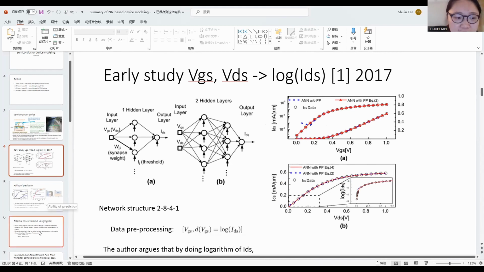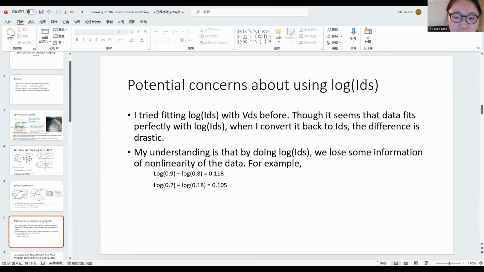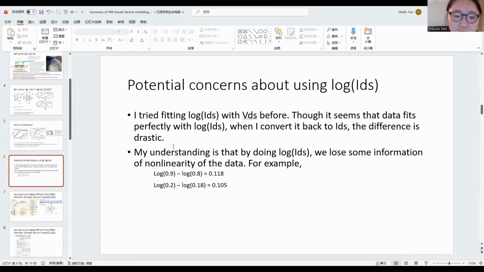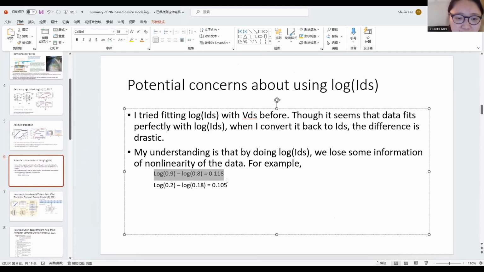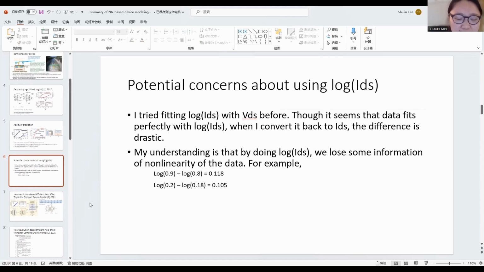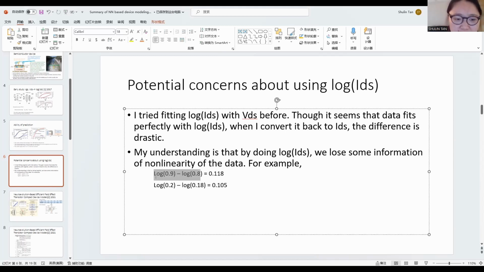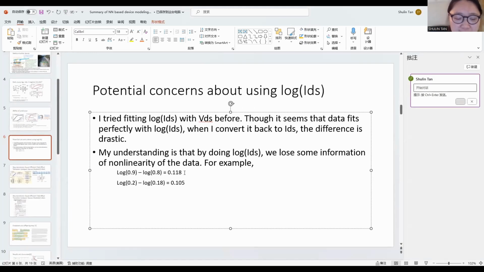So I do think of something, because the neural network is kind of an approximation. They always come with some error. But if you only use logarithm for the IDS, I'm not sure whether it may have larger errors when you use logarithm to treat all the IDS.